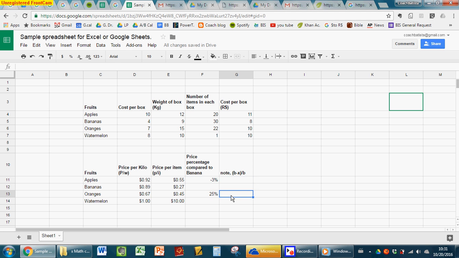This means banana is 25% cheaper than orange, okay, because the banana, and this is actually saying, this one is saying banana is 3% more expensive than apples.